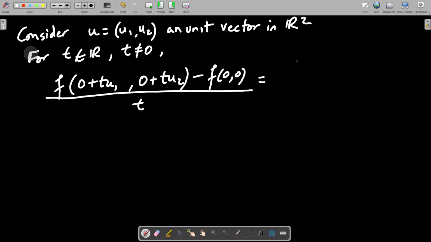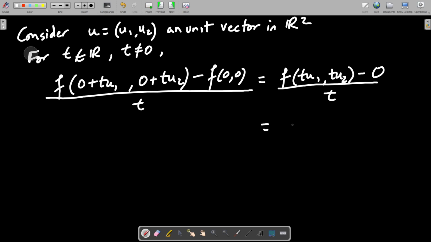This ratio is going to become f of tu1 tu2 minus f of 0 0, upon t.